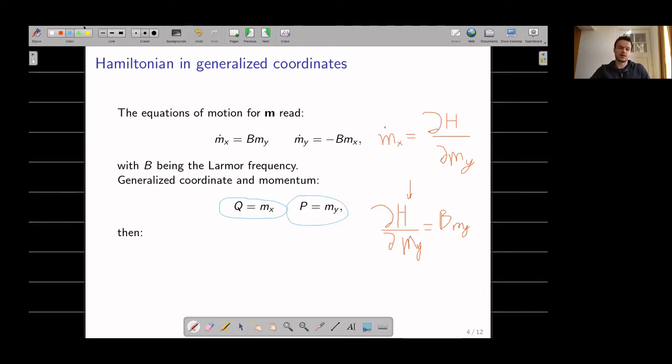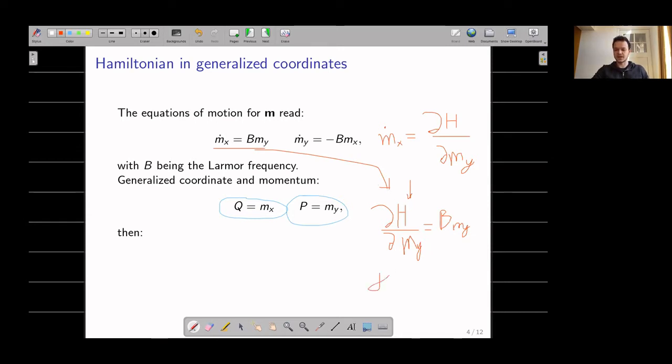And if one writes down the Hamiltonian equations, here I wrote already just 1. So the time derivative of mx is going to be the derivative of the Hamiltonian with respect to my. From this equation, one can replace here the time derivative. So we have b my.